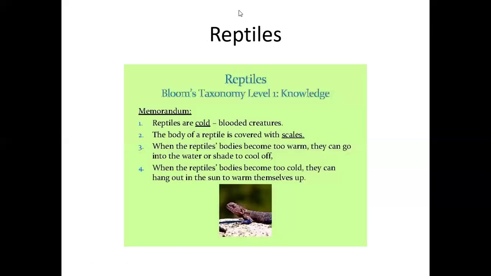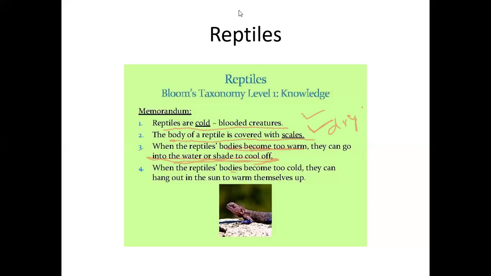Next are reptiles. Reptiles are cold-blooded creatures. The body of a reptile is covered with dry scales. They are not moist or slippery. When a reptile's body becomes too warm, it can go into the water or shade to cool off, like the lizards at your home.